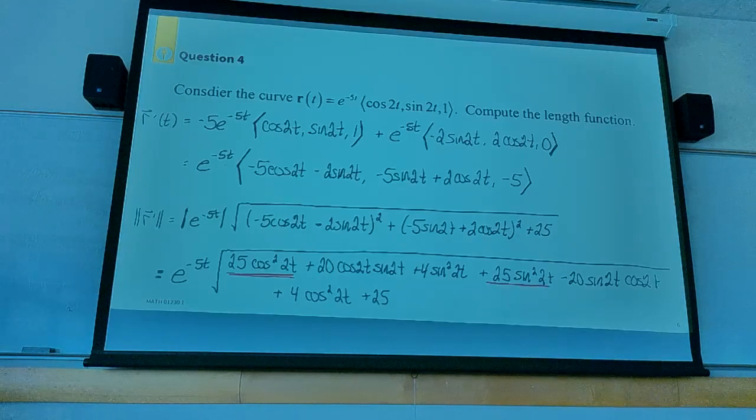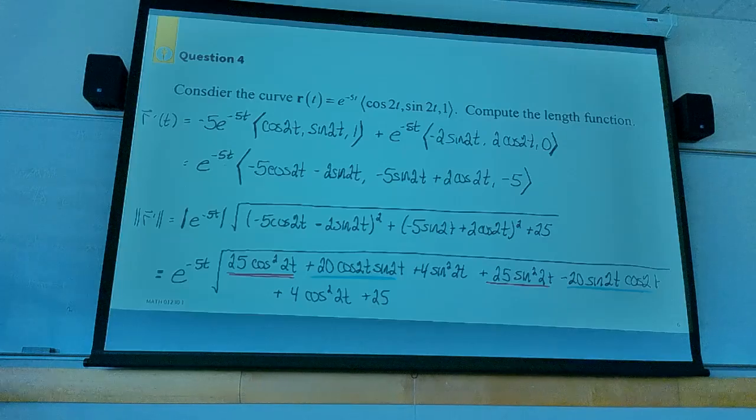Those two terms, they sum up to what, 25? Those two terms in the blue, that's just 0, right?